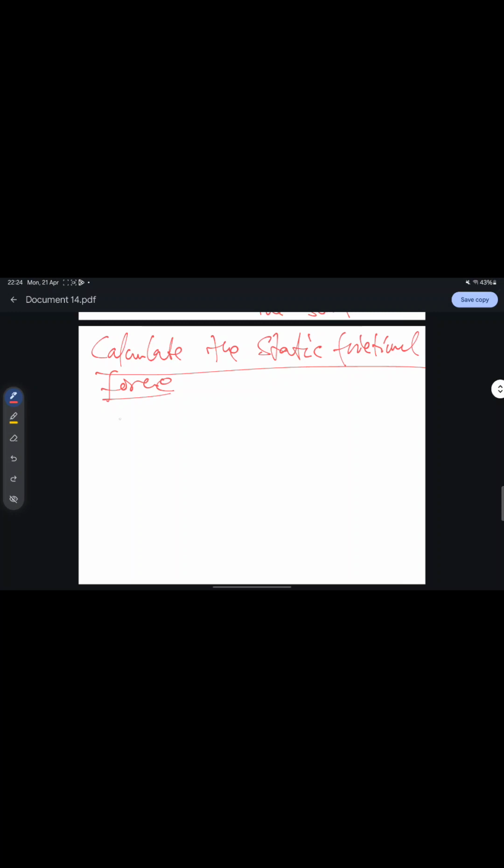It depends on two things. So the Fs max depends on two things. Number one is the normal force.